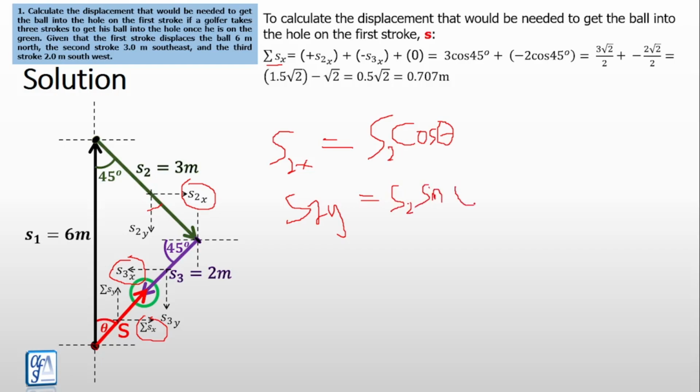So let me just call it theta 2. Theta 2, because let's take this one as our theta 2. Theta 2 for 45 degrees.